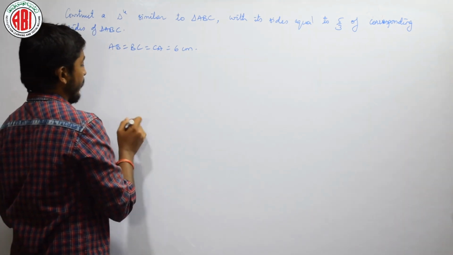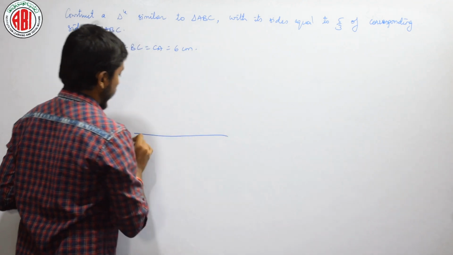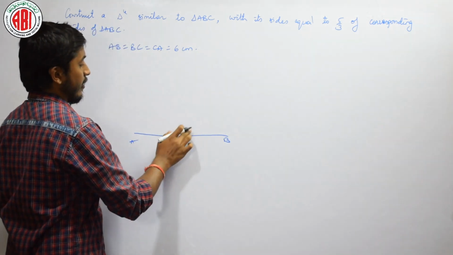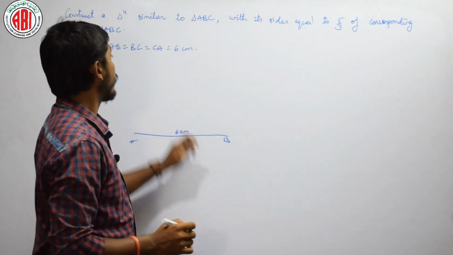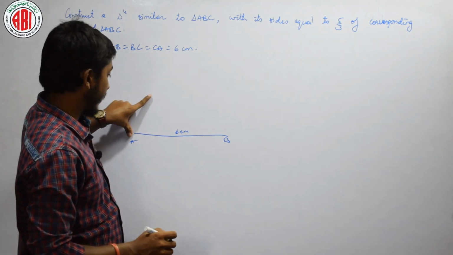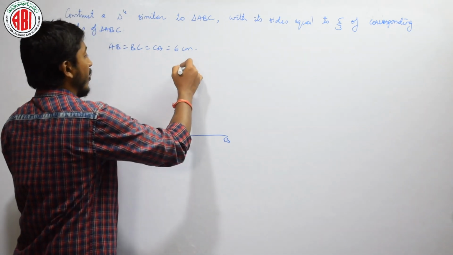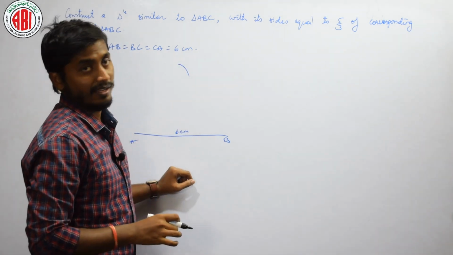Now let us do that. What is the first step? I have to draw AB as 6 centimeter. Is it okay? Then how do I construct BC and CA? With A as center, I will draw an arc with radius 6 centimeters, okay.